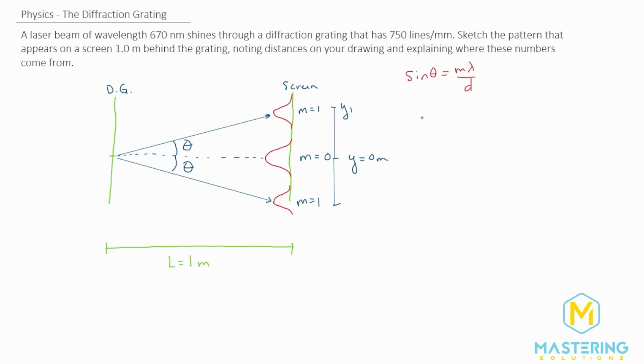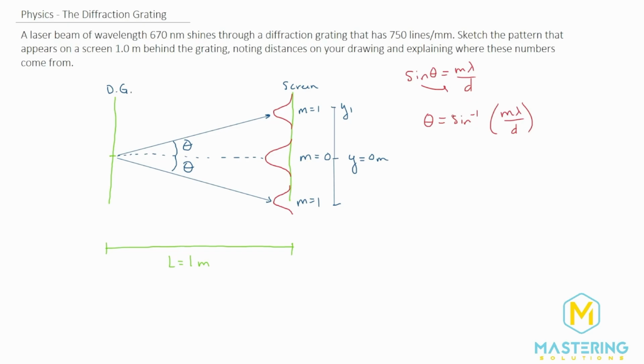And so let's plug these in here. And we want theta by itself, so if we move sine over, we're going to have theta is equal to the inverse sine of m lambda over d. And before we plug in the numbers here, it can be really confusing with diffraction gratings what to put in for d exactly.